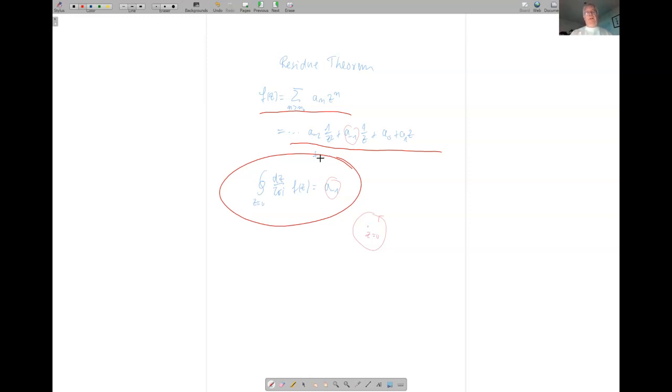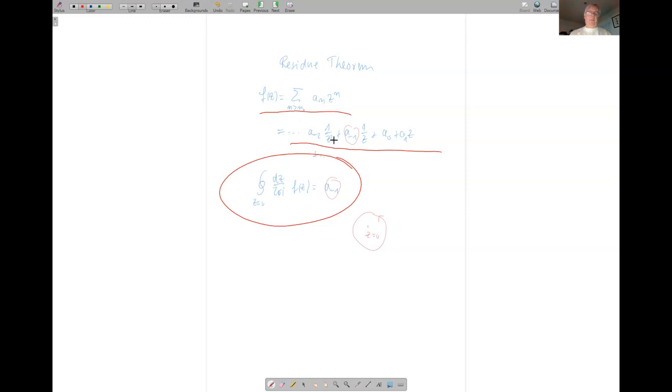Now, if I want, say, to extract a to the minus 2, then I would put the same function in the integral, but multiply it by z, so that I cancel one of the powers of the z squared and extract a minus 2 instead of a minus 1. In this way, one can extract the coefficients out of a Laurent series using the residue theorem.